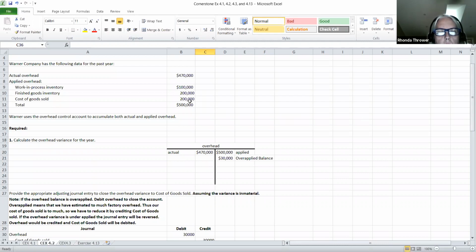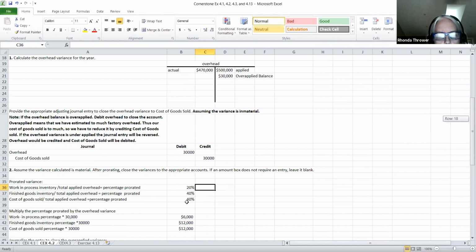That's not always the case, but cost of goods sold is going to be divided by the total applied overhead. And that's how you get this percentage right here, 40% for the cost of goods sold. I've written all the formulas out for you, and I've actually calculated it here, class.